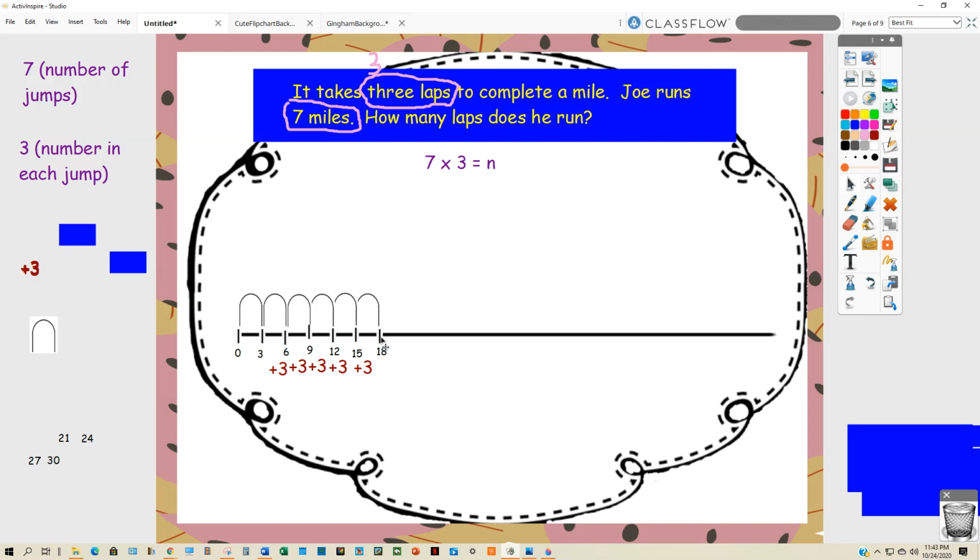Yes, I need one more. And I'm going to do 18 plus 3. And that will give me 21. I should have done 7 jumps.